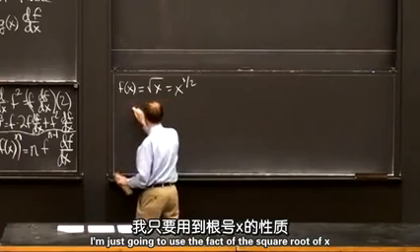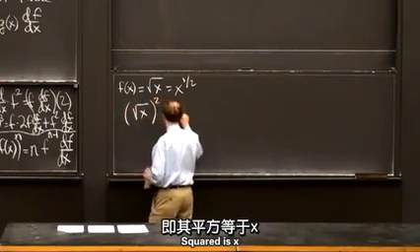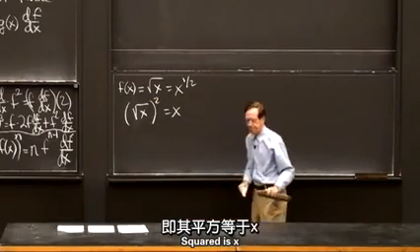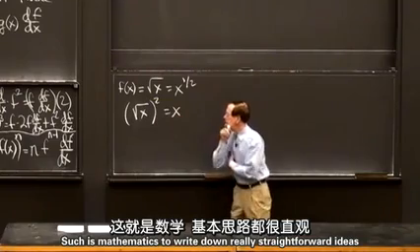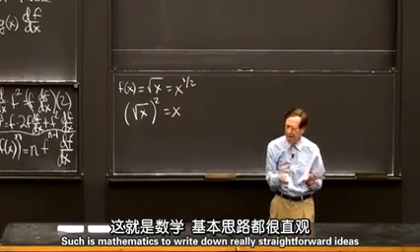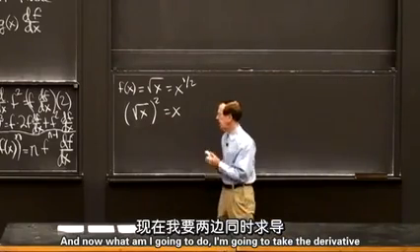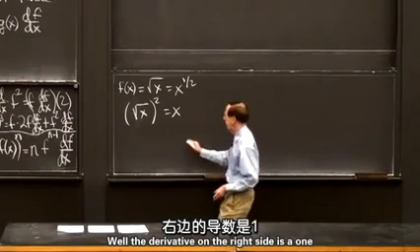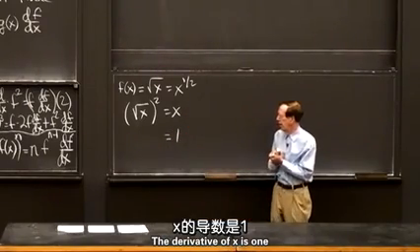I'm just going to use the fact that the square root of x squared is x. Such is mathematics. You write down really straightforward ideas, but it had to come from somewhere. And now what am I going to do? I'm going to take the derivative. Well, the derivative on the right side is a 1. The derivative of x is 1.